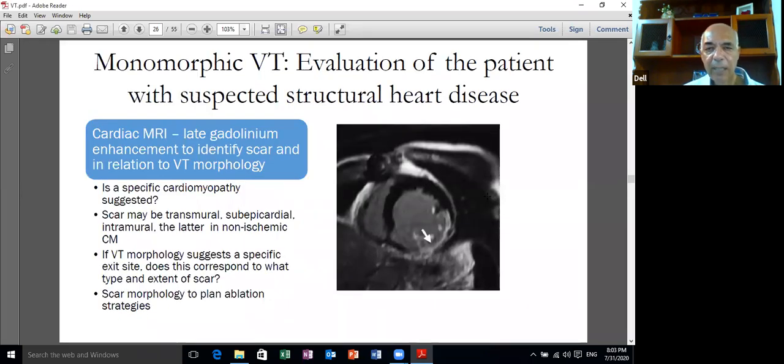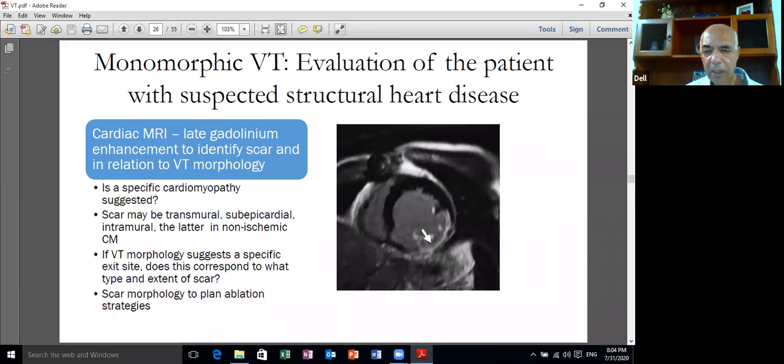Now we move to the second part: ventricular tachycardia in the presence of suspected or confirmed structural heart disease. How can we find the structural heart disease? Obviously by echo or by MRI. If the echo findings are not helpful, MRI will provide you with added information.